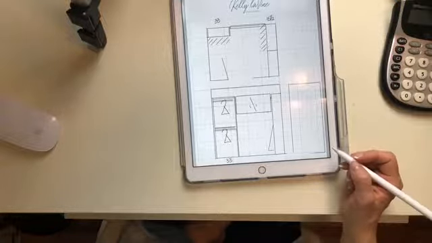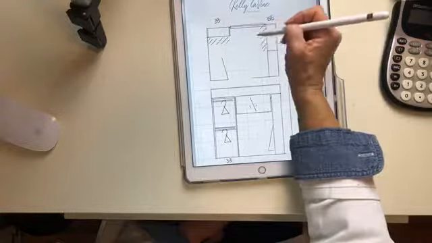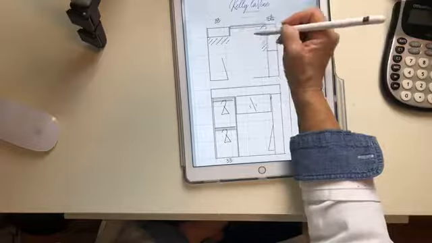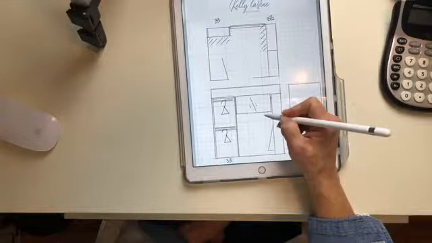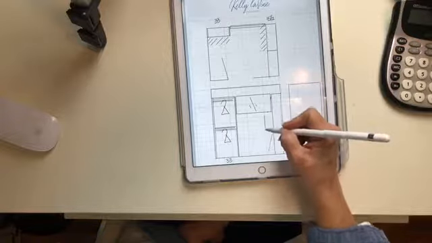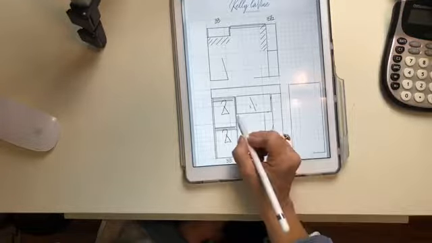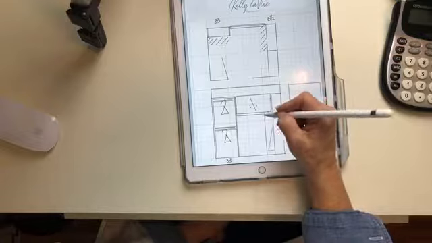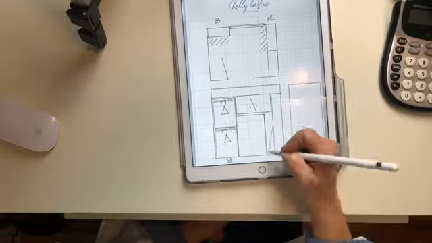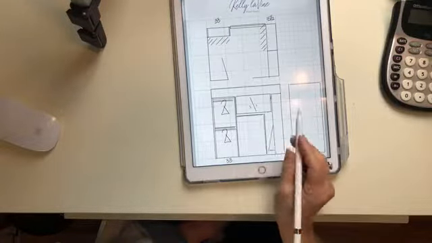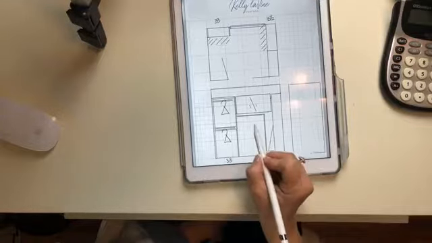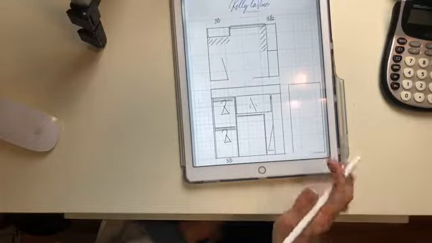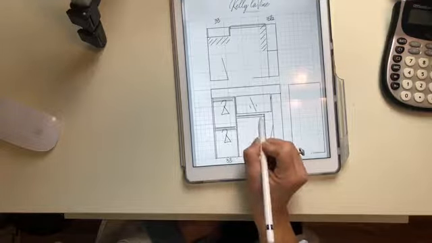Okay, and then we still have room here for a little bench, if you like that idea, or if you're trying to maximize the space, you can still do a section here for dresses or shoe shelves. I guess in the beginning I said we were trying to maximize hanging.